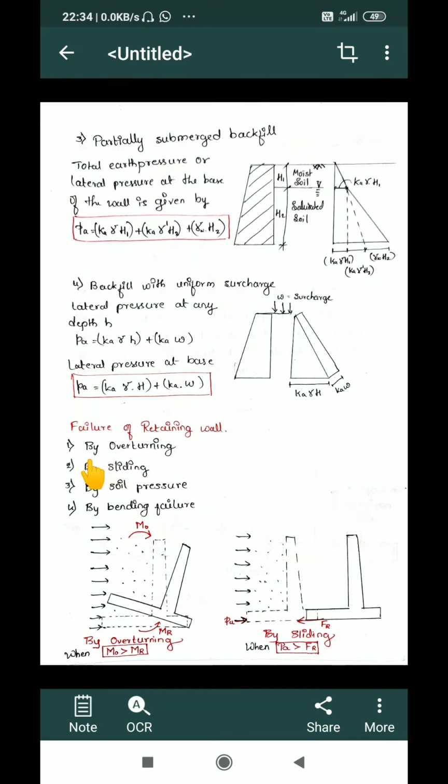First one is failure of a retaining wall by overturning movement, or simply overturning. Whenever there is an earth pressure or soil pressure acting, say I have a retaining wall, this is the stem of the retaining wall, a vertical one. This is the toe slab and this is the heel slab.